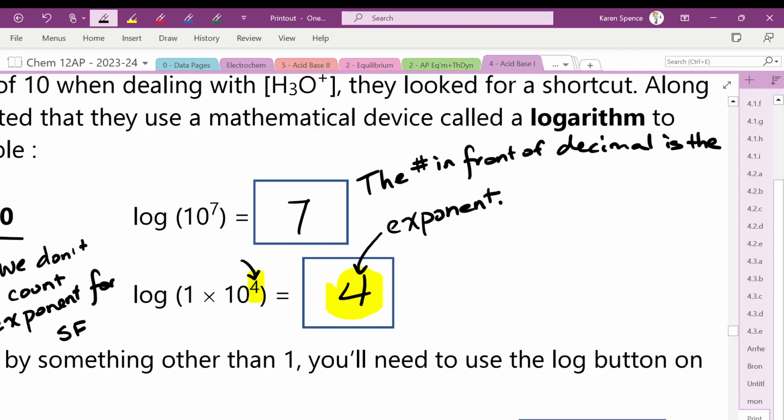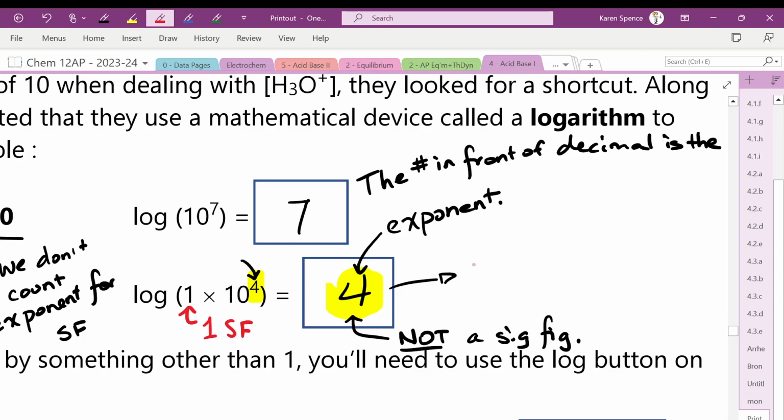And if that's the exponent, is that a sig fig? Not a sig fig. So that would have 0 sig figs. If I just wrote pH equals 4, I would be like, oh, not a sig fig. So to get the correct sig figs, we have 1 sig fig here, yes?